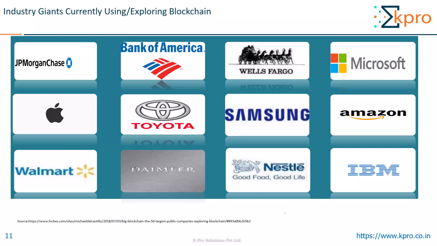And the next one is IBM. IBM has open sourced the Hyperledger Fabric and is a driving force behind multiple blockchain initiatives. So these were some of the industry giants that are currently using or exploring the blockchain technology.